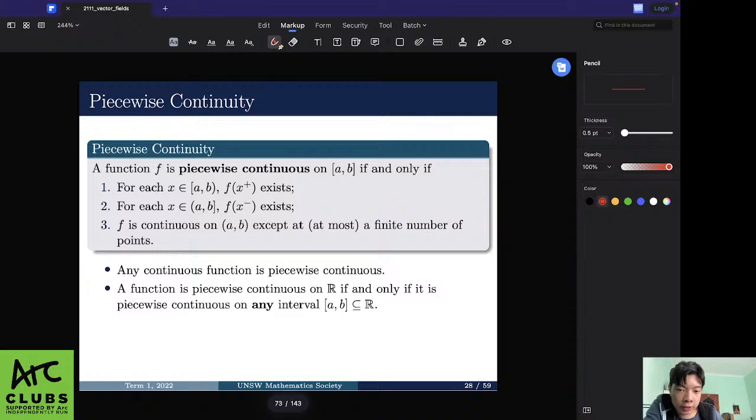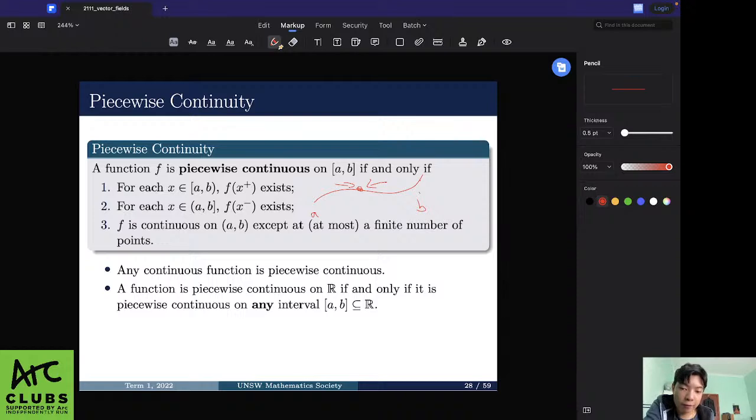First we know that any continuous function is piecewise continuous, because if we just have a normal function between maybe a here and b here, then of course it's not discontinuous anywhere, so that's 0 discontinuities, which is a finite number, and at any point it has a left-hand limit and a right-hand limit.